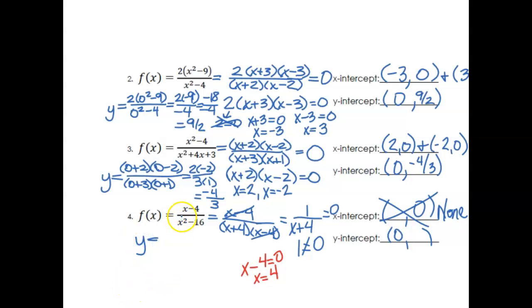Do I use the original or the simplified version? Simplified is way easier. So here's my simplified version right here. I have 1 over what? 0 plus 4, and that becomes positive 1/4. So that's my y value of the y-intercept.